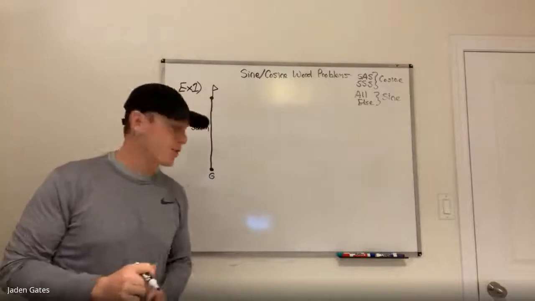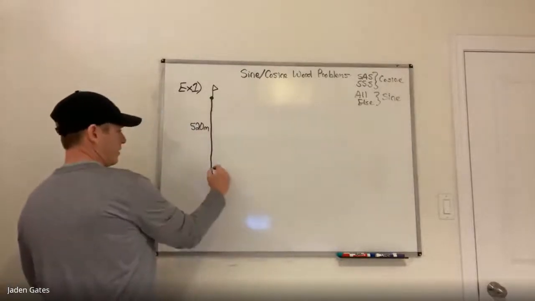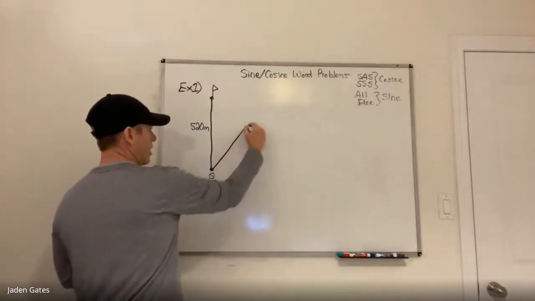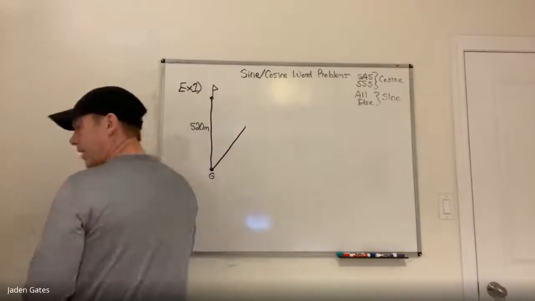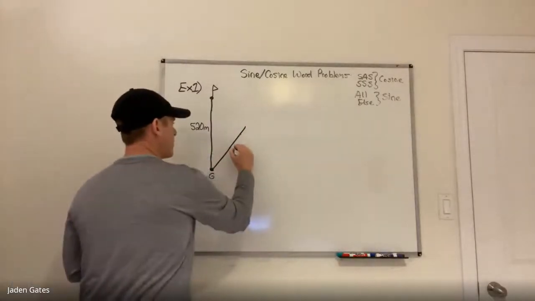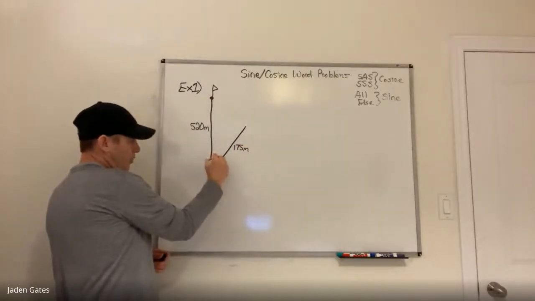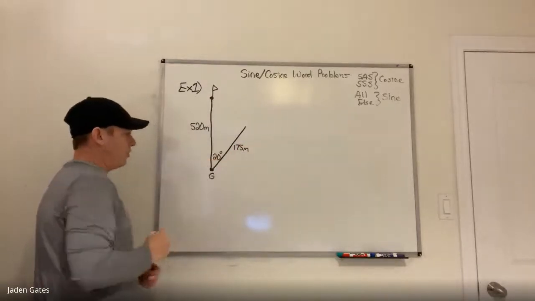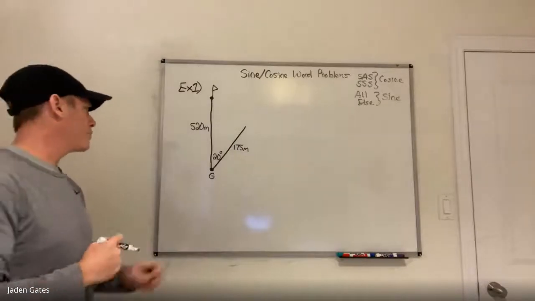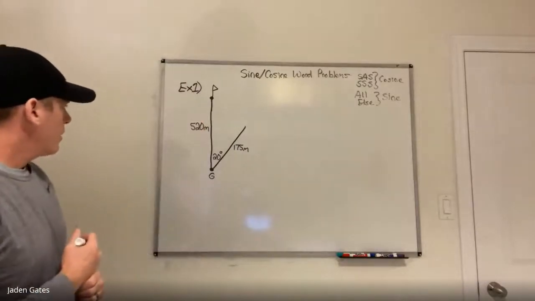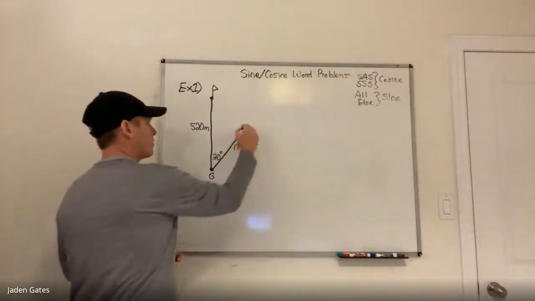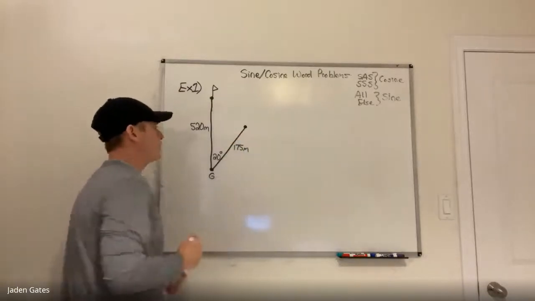Now, this person hits their first shot out to the right. And how far did they hit it? 175 meters. And it was at a 20-degree angle from the direct path to the hole. So that's where we're at. I'm going to put a little dot there.